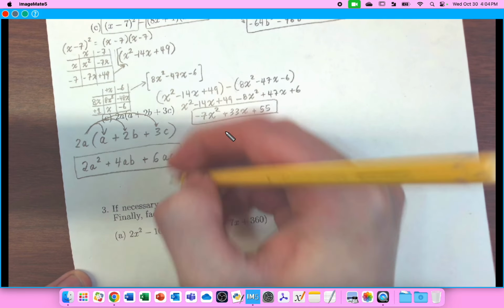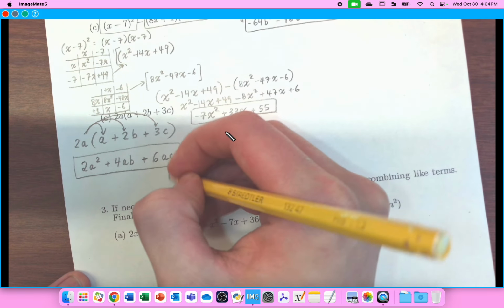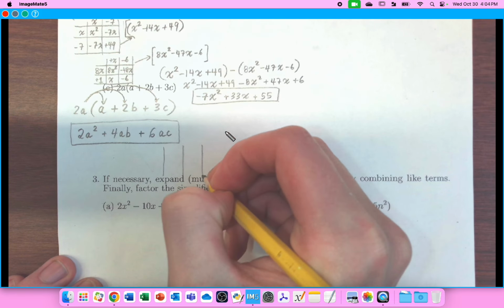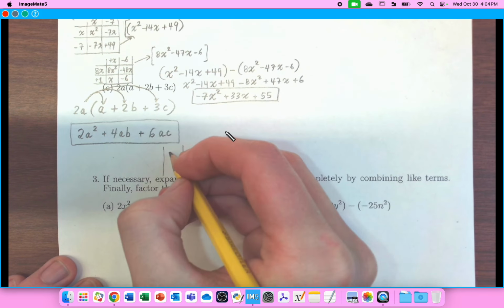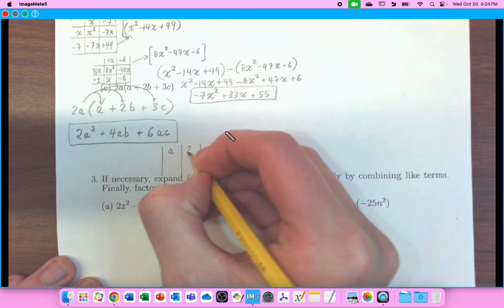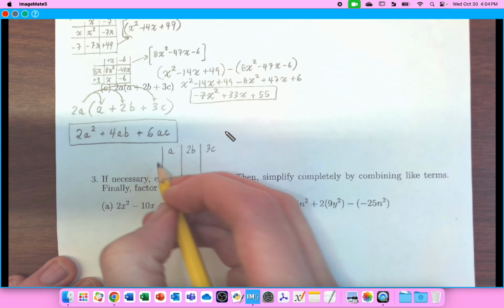We could have done that with our little box thing. A, 2b, 3c.